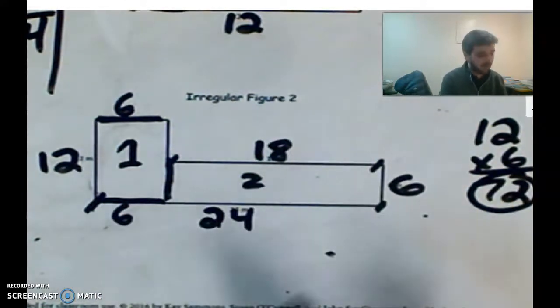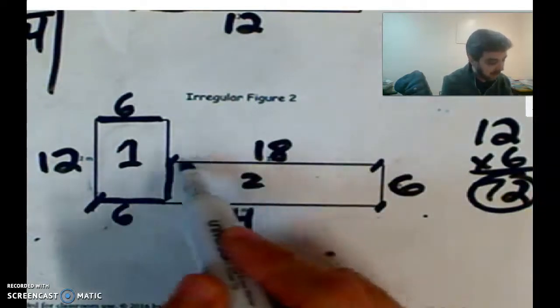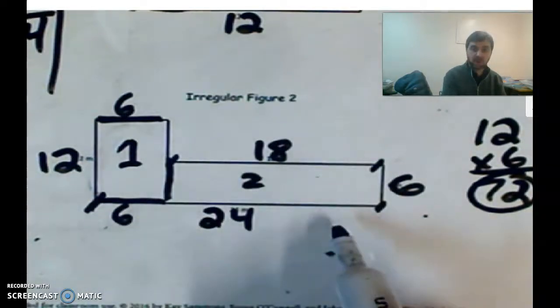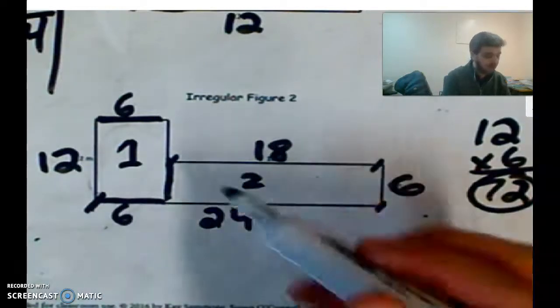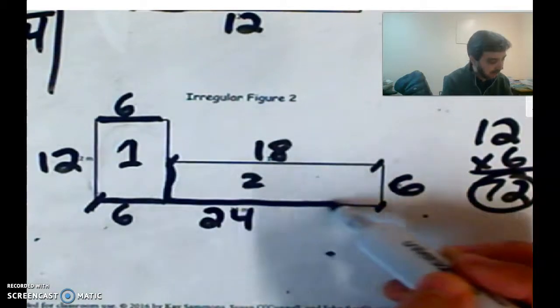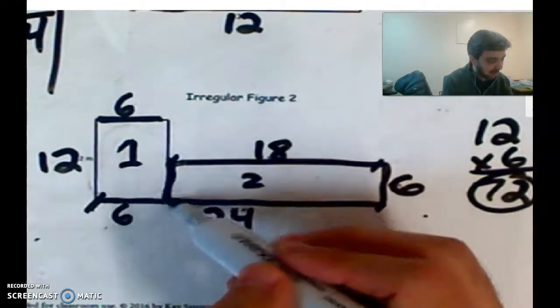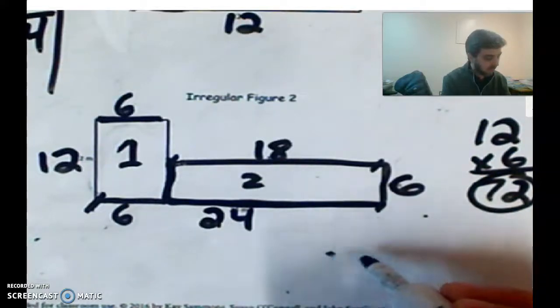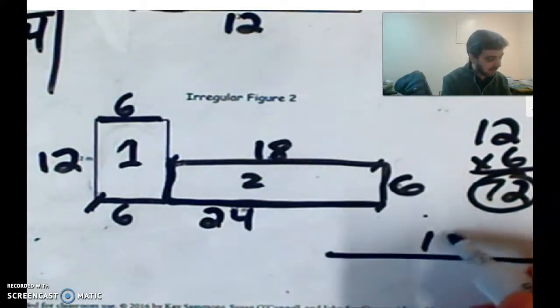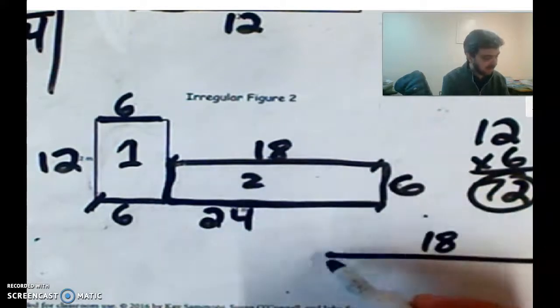Now we have to find the area of rectangle 2. Okay, so we know, actually look, we know this is 18. Don't use the 24, because the 24 goes into the other rectangle. We're just trying to find the area of this rectangle right here. And we can see the length is 18 and the width is 6.